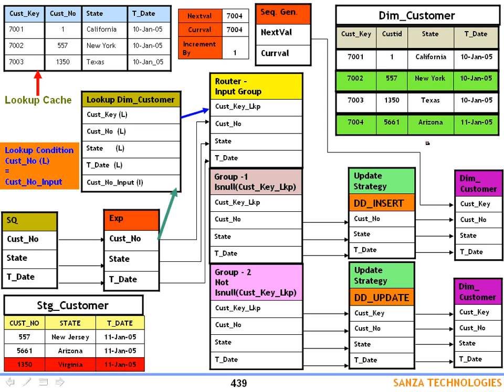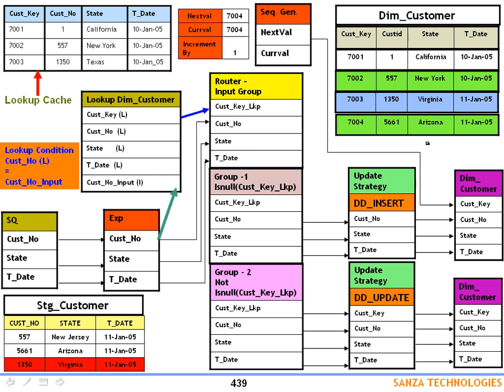Then 1350 scans the cache, the record exists, so it will return the corresponding surrogate key, 7003. The value of that record from the dimension table goes to the router. The second group condition is true, so it will go and update the record based on the surrogate key.